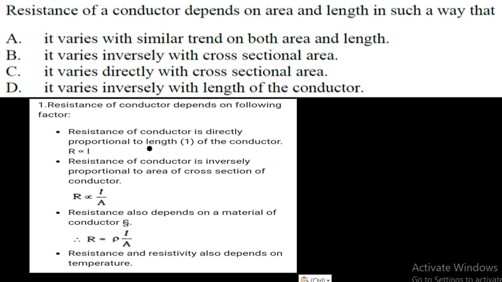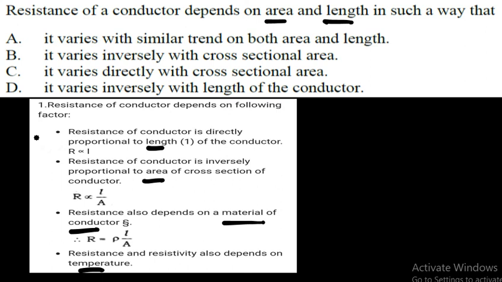The first one is length, the next is area, the next is the material of the conductor, and the next is temperature. There are four factors which affect resistance, but this time we are asked about length and area.